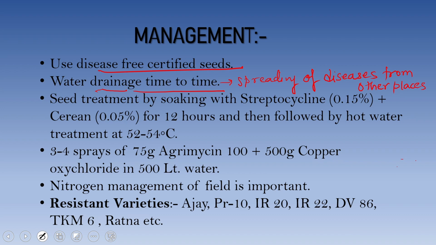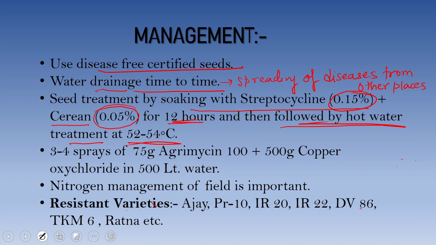The third thing is seed treatment by soaking with streptocycline 0.15%. Remember the percentage, questions might come from this part, and Ceresan 0.05% for 12 hours, followed by hot water treatment at 50 to 54 degrees centigrade. This is the third point of management.